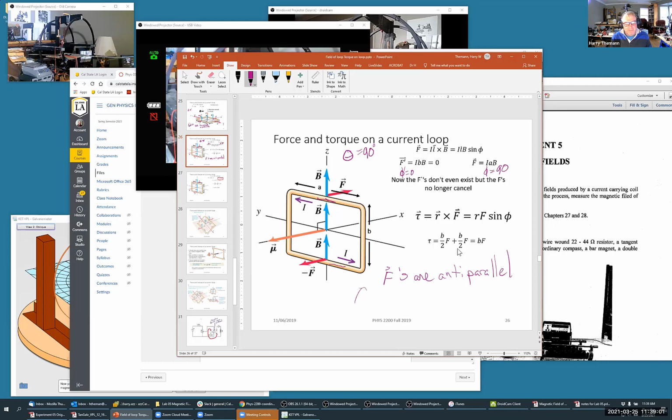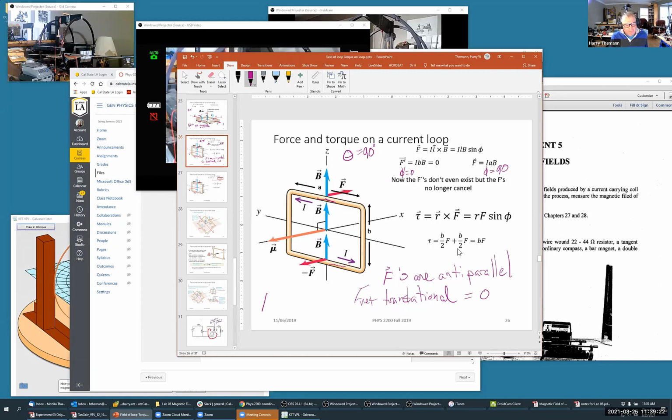There's still the F net translational equal to 0. So that's what I said earlier. There's never a net translational force from a magnetic field.